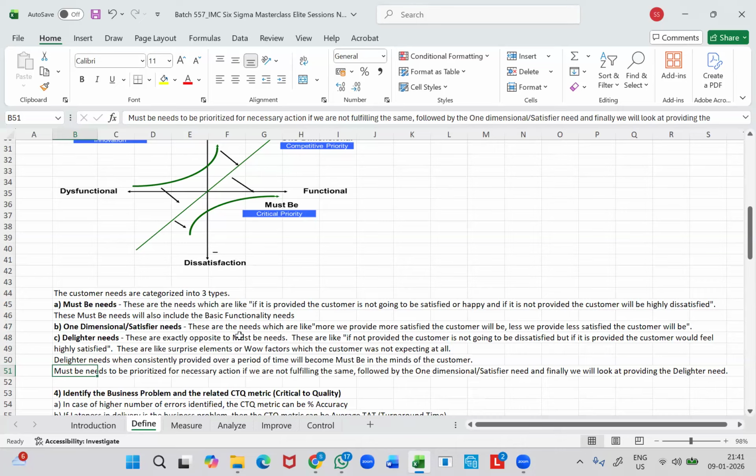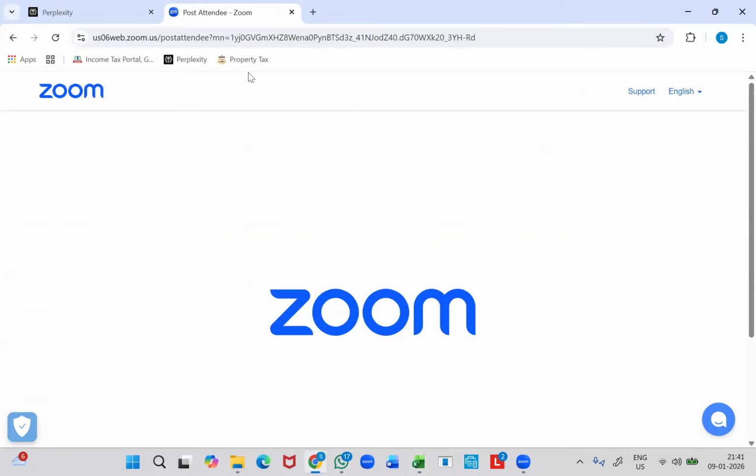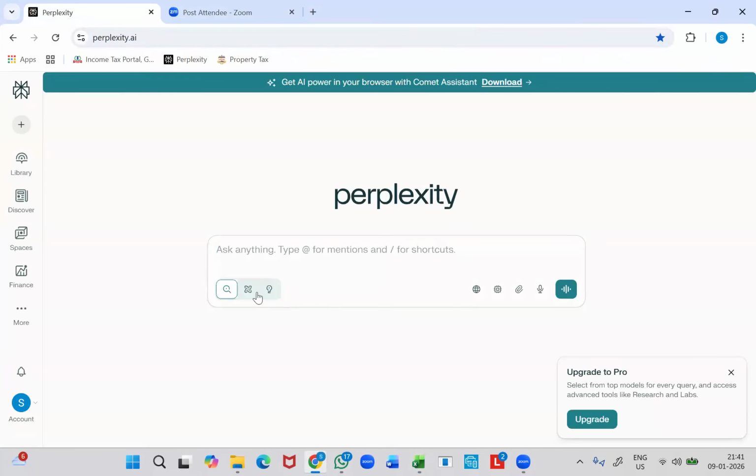We can also use the AI tool to come up with this categorization of customer needs for a particular scenario. So for the same restaurant scenario, let us see what the various must be needs, one dimensional needs and delighter needs are, which would be listed by this AI tool called Perplexity, as I told you on the first day.